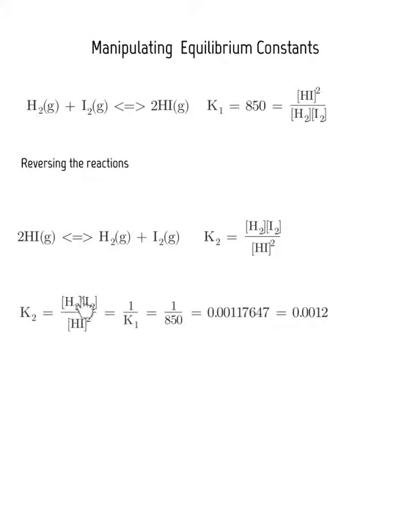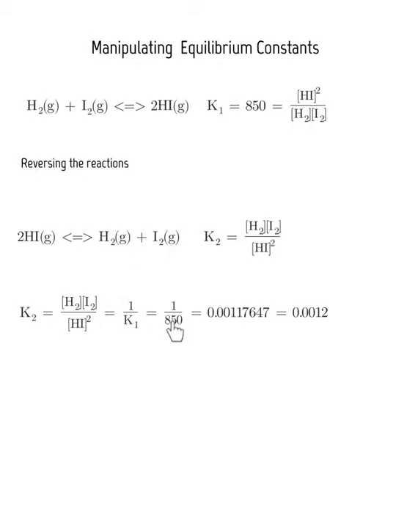Now notice here, these equilibrium expressions K1 and K2 are very similar. We have just flipped the denominator and the numerator for these two reactions. And so the relationship between K2 and K1 is K2 is equal to 1 over K1.